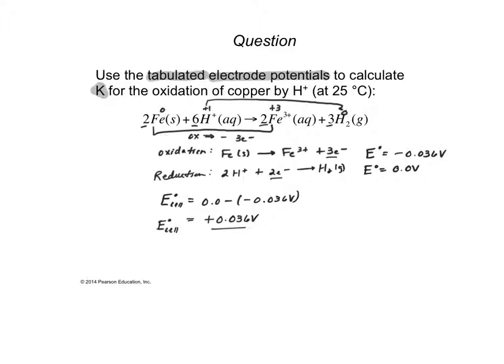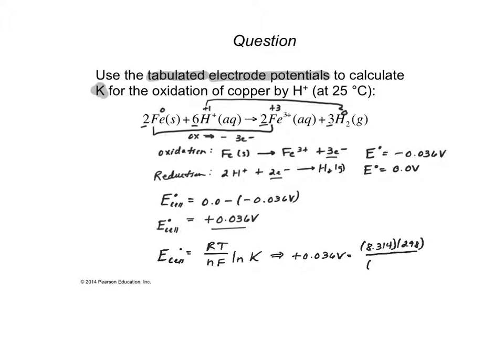Okay, so now that we have that, we can plug that in. E is equal to RT over nF ln of K. So go ahead and plug in our values. We've got a positive 0.036 volts is equal to 8.314 times 298 all over n.